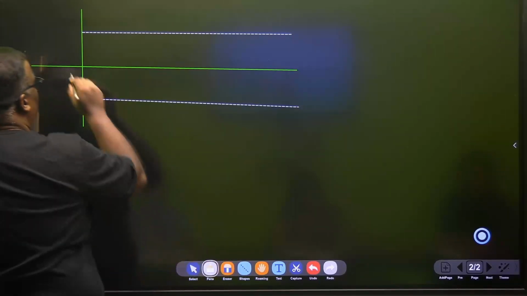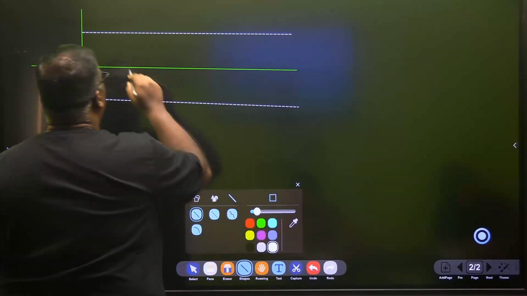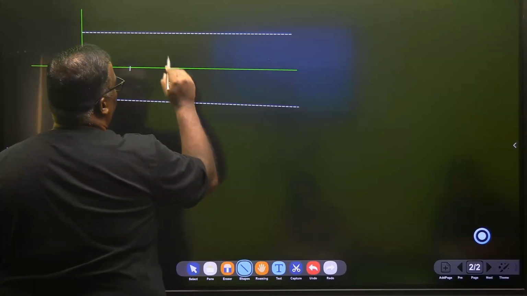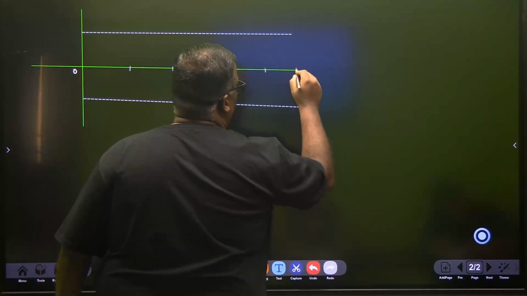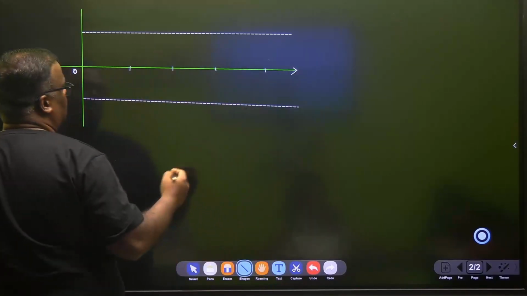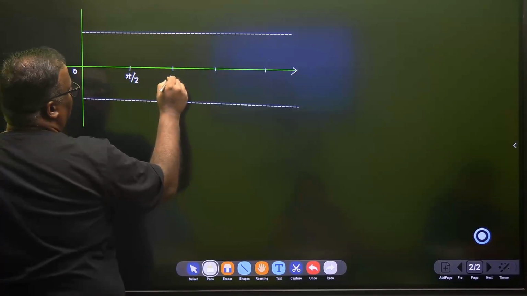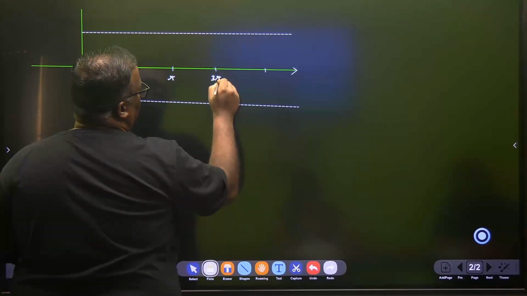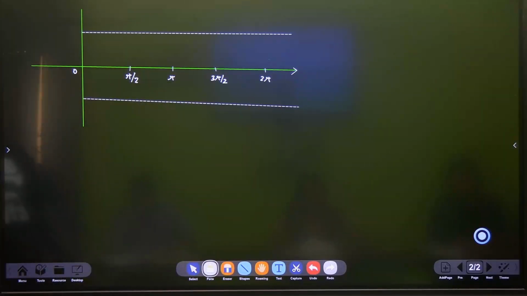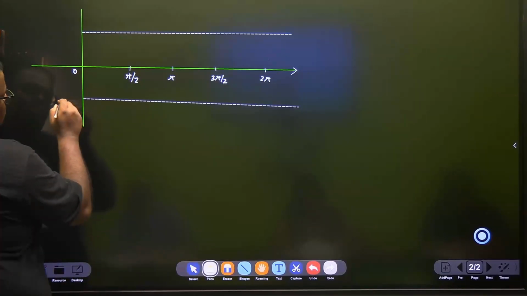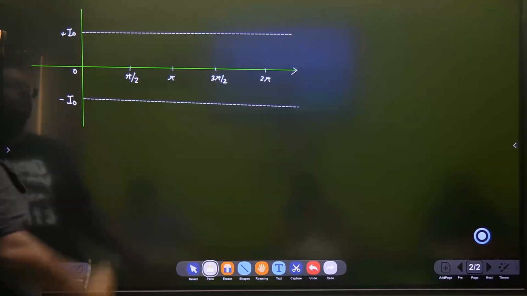I'm seeing it from angle perspective 0. And then I have pi by 2, pi, 3 pi by 2, 2 pi. This can also represent your time. It's the same as the time axis. So this is pi by 2, pi, 3 pi by 2, and this is 2 pi. Our signal, we will just see from current. So these are our maximum numbers. So this is minus I naught. This is plus I naught.